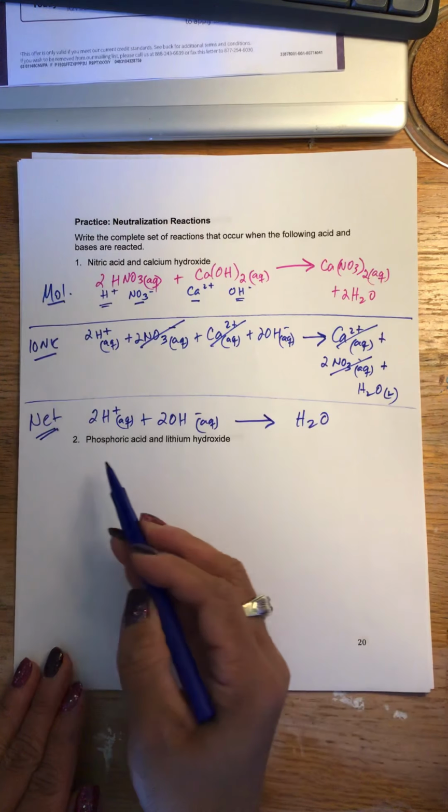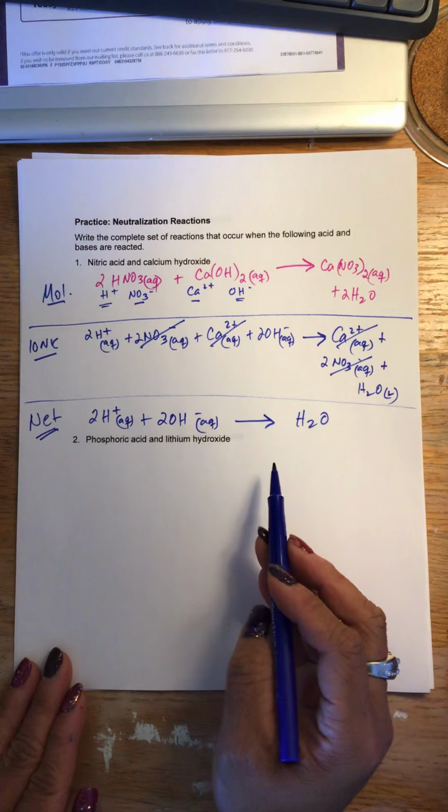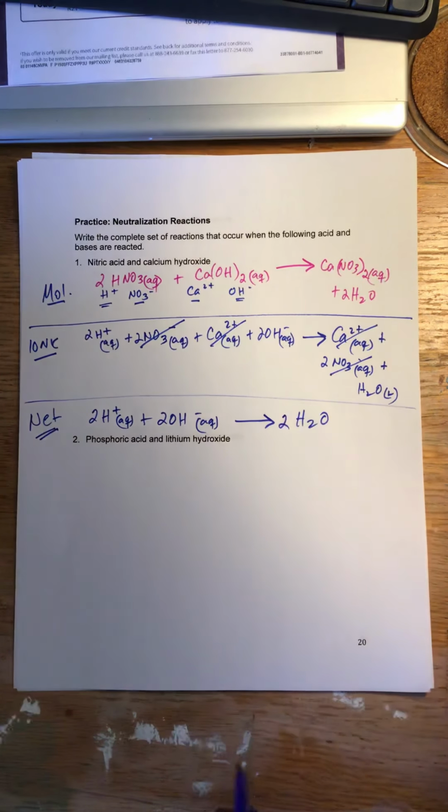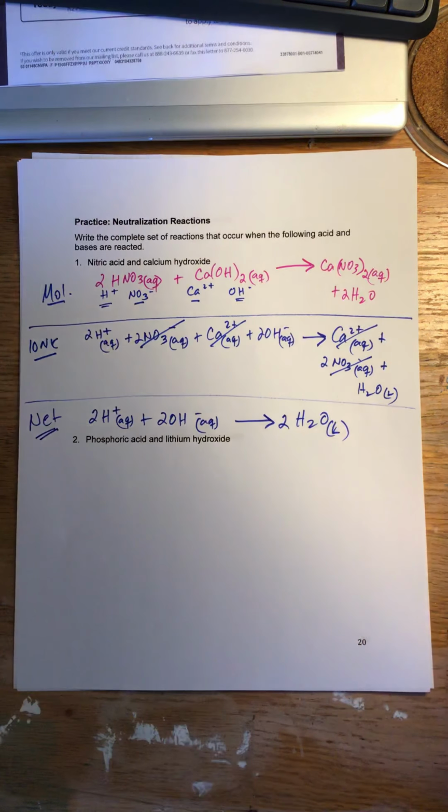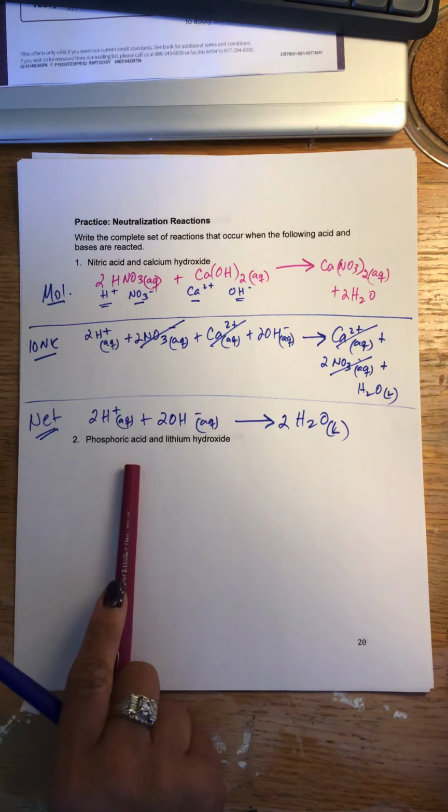And again, balancing this, you should have 2 water molecules, liquid. Those are the molecular, ionic, and net equations for the reaction of nitric acid and calcium hydroxide. Now we take a look at the second one, phosphoric acid.